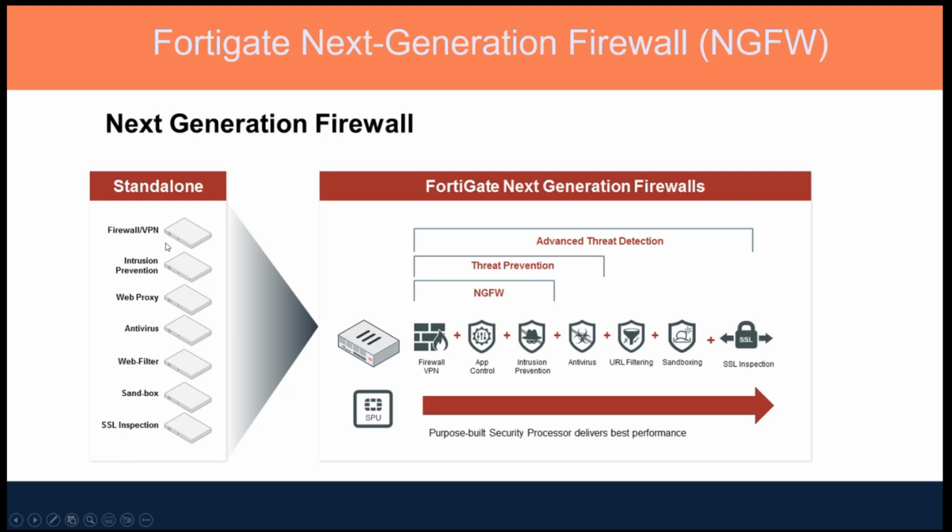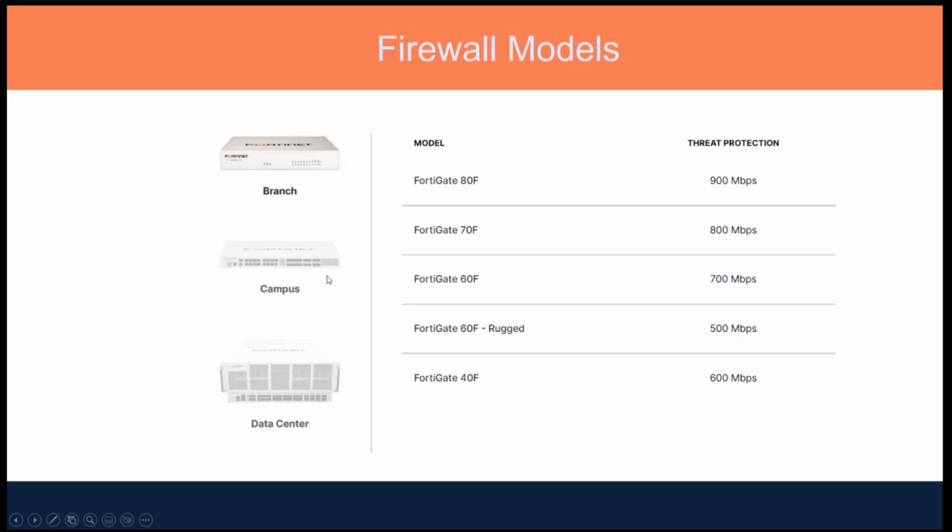It can do the firewall and VPN tasks. It can do the intrusion prevention task. It can perform web proxy. It can perform as an antivirus. It can perform web filtering, sandboxing, and SSL inspection. The FortiGate firewall has different models available.